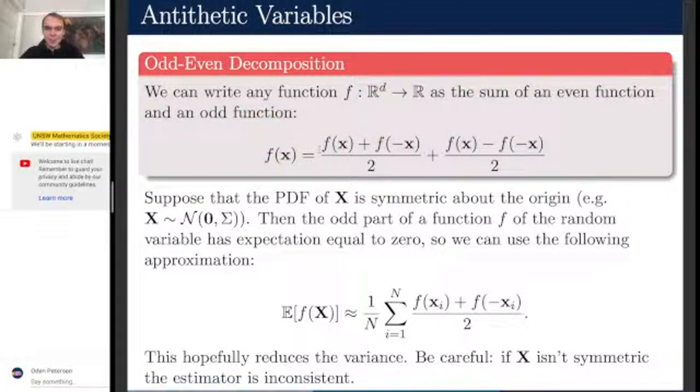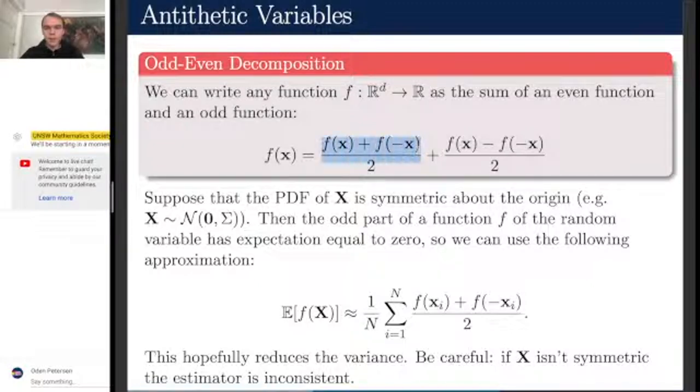Why is this identity significant? Well, what we've done here is we've written f of x in terms of the average of f of x and f of minus x, plus the average of f of x and minus f of minus x. This first term is an even function, in the sense that if you plug in minus x, you get the same value, because you've basically just swapped these 2 terms.